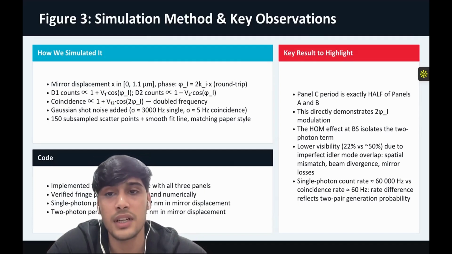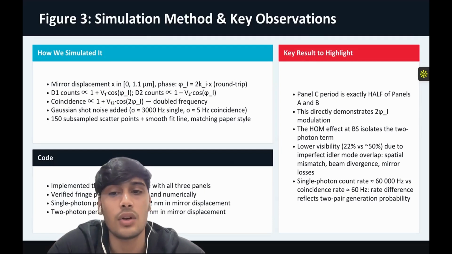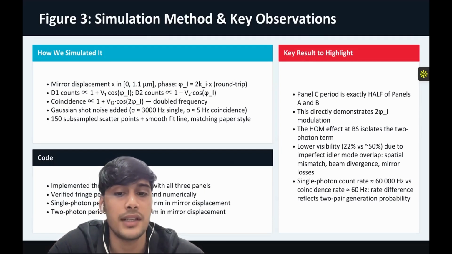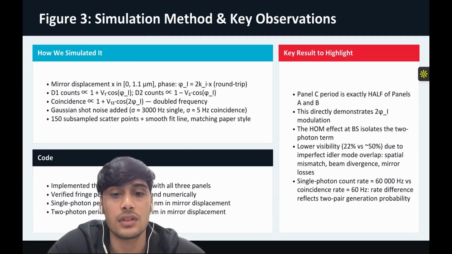This factor of 2 comes directly from the cos 2 phi I in the coincidence probability, which itself comes from the HOM interference, filtering out the cross term.